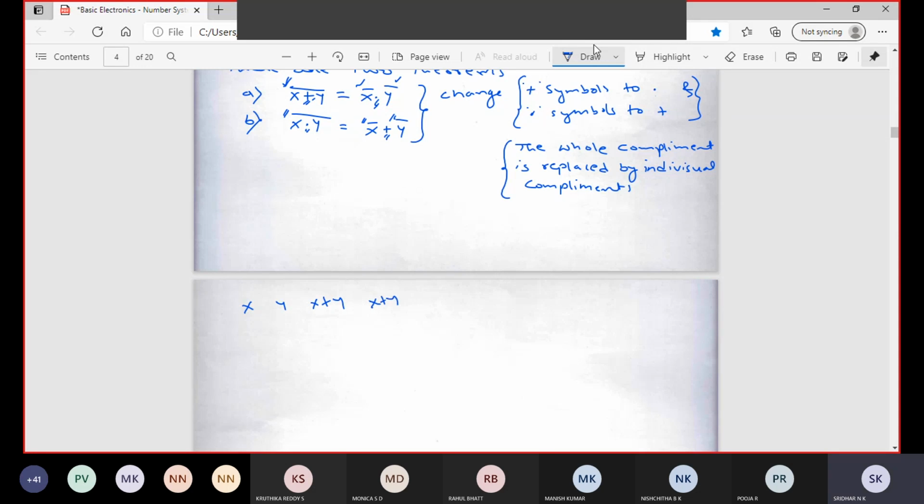Then we need x bar, and we need y bar, and we need x bar into y bar. What all the possibilities are there? All the possibilities I've written here. Say for example, I'll make these possibilities as separate columns.